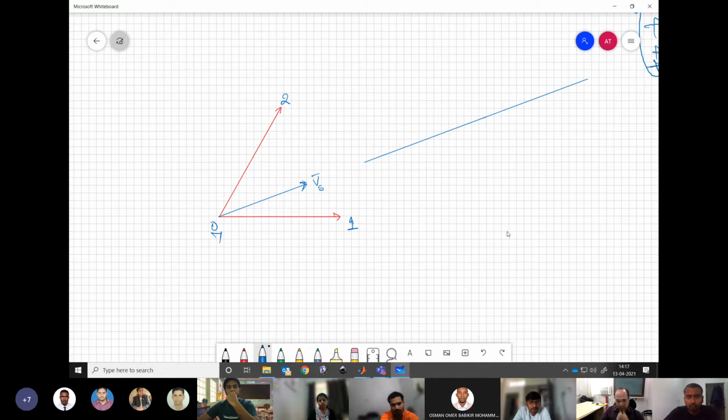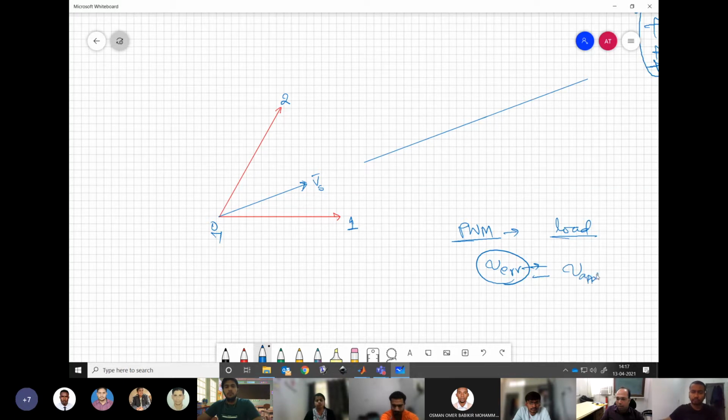Now we have understood that whenever we are applying the PWM to our load, we are basically having some voltage error. And this voltage error is nothing but what we are applying minus what is actually needed. This error is correct for vectors also.